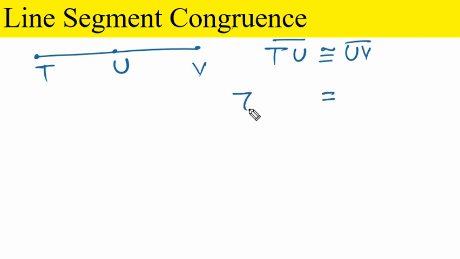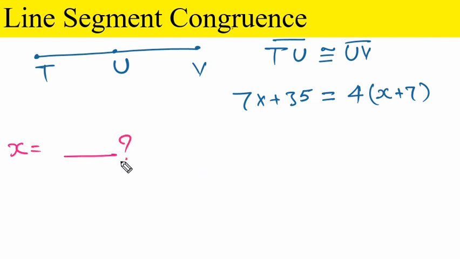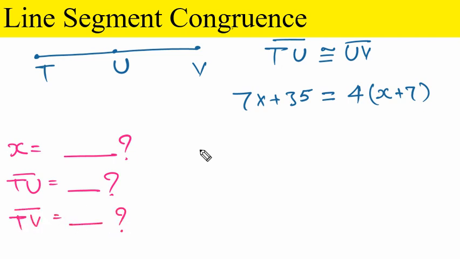TU is 7x plus 35 and UV is 4 times x plus 7. Now we need to find the x value, we need to find TU, and we need to find TV. Okay, so let's solve this now.